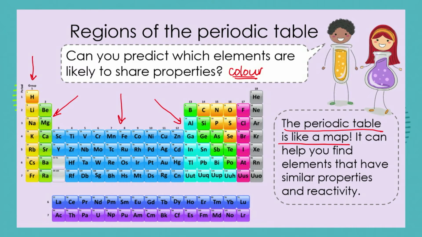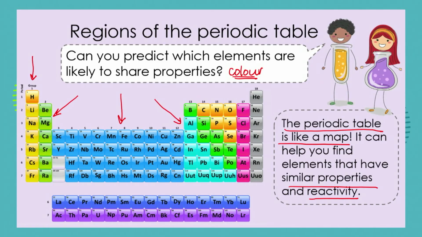Because elements that have similar properties, similar reactivity, and remember when we're talking about reactivity, we're talking about the property that elements have to chemically react or combine with each other, not just be mixed physically together. So when we look at our periodic table map, we're going to be able to predict reactions, and we're going to be able to predict properties.